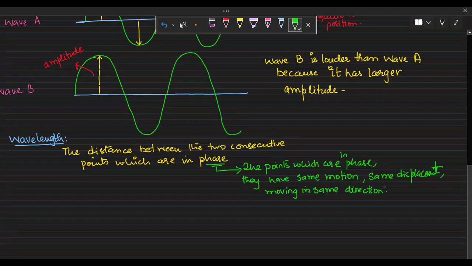All right. Now let me pick some pictures so that I can insert here.